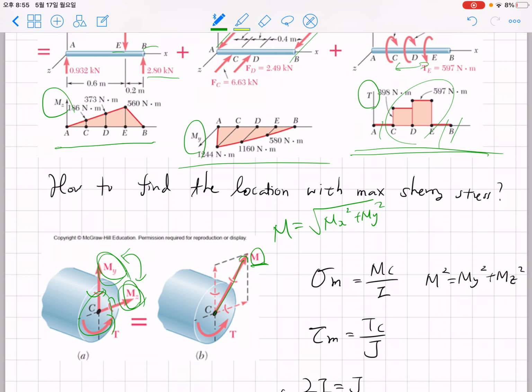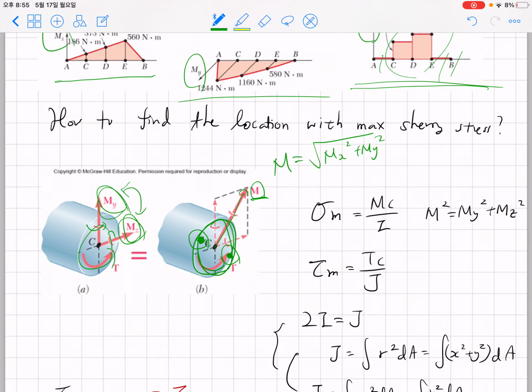This M vector gives the maximum bending moment, maximum normal stress here and maximum normal stress here. And this torsion has the maximum shearing stress at the outside of this cross section. So you can expect that either that point or that point would give rise to the maximum normal stress and maximum shearing stress.